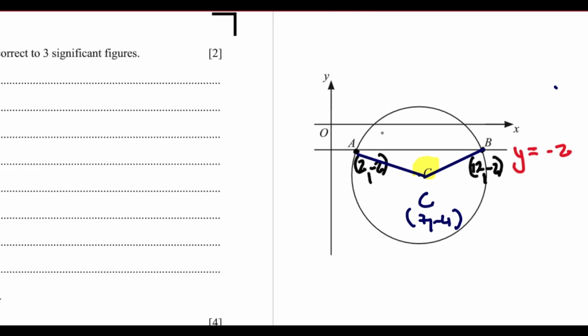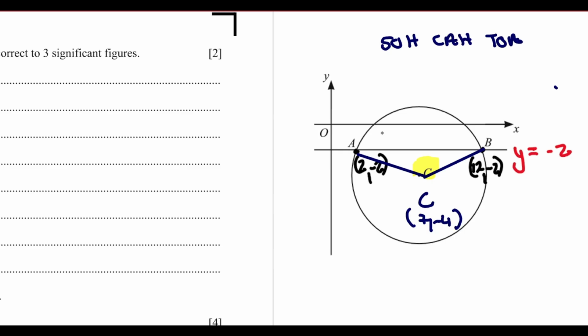There's a few ways you could do this. I think you could use the sine rule or the cosine rule, or probably even the area rule, but I'm going to use trigonometric ratios, as in SOHCAHTOA.